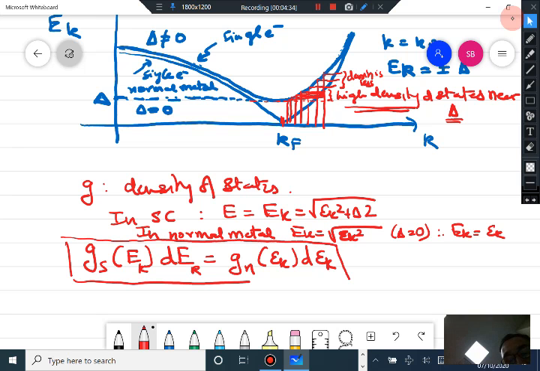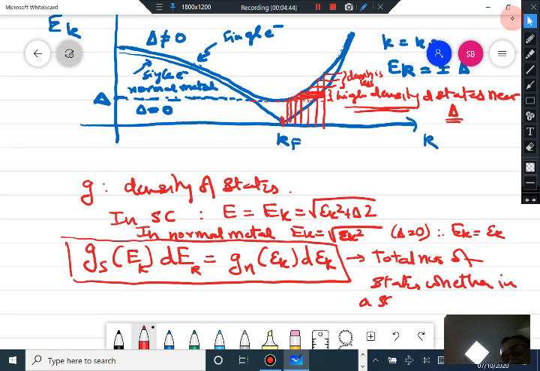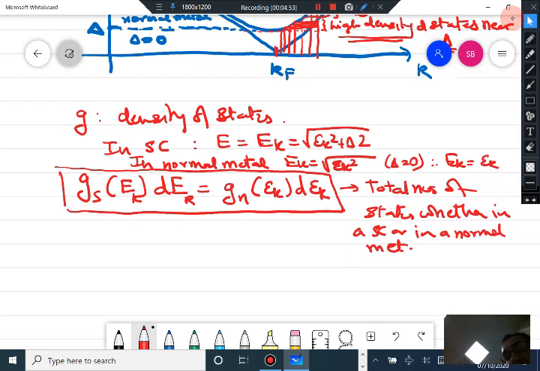So the total number of states, whether in a superconductor or in a normal metal, is the same. This has to be.